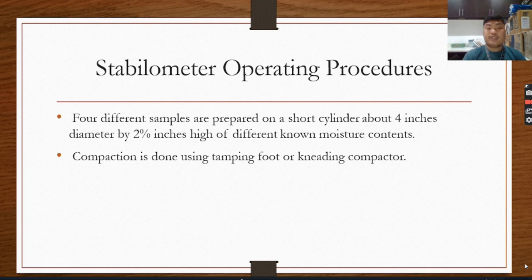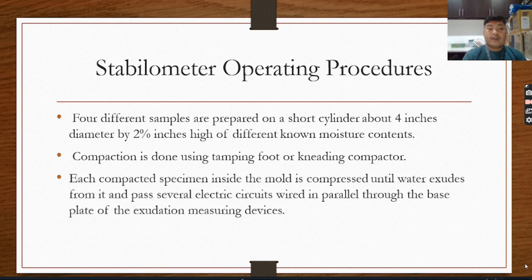Compaction is done using a tamping foot or kneading compactor. Each compacted specimen inside the mold is compressed until water exudes from it and passes several electric circuits wired in parallel through the base plate of the exudation measuring device.